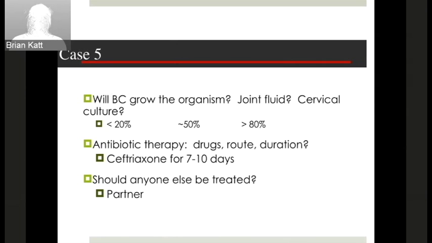I had a patient, and it was a very awkward conversation, because he came in with Reiter syndrome: arthritis, uveitis, and some urethritis. He was married, and his wife came to the appointment with him. The rheumatologist who sent him to me had sent off a urine test for chlamydia, and it came back positive.